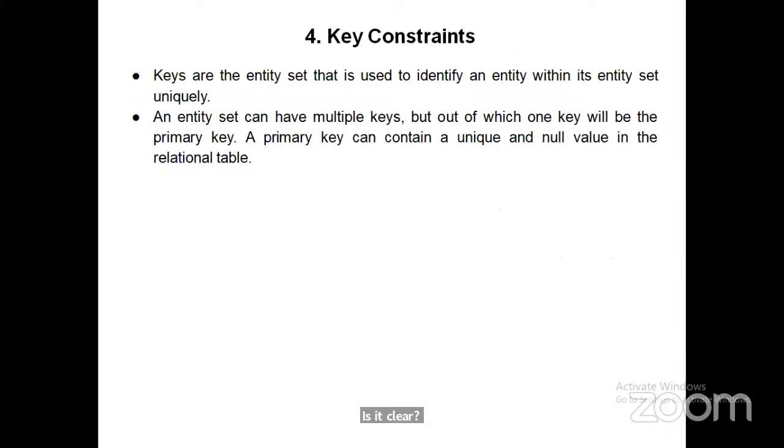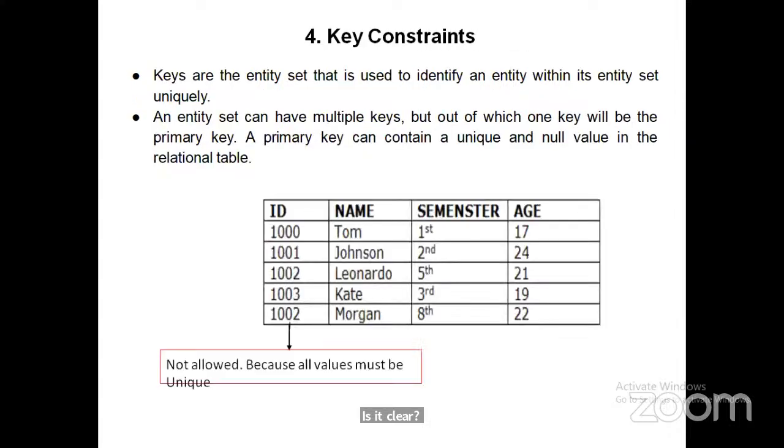Okay, next, key constraints. Key constraints are nothing but keys, the entity set that is used to identify an entity within the entity set uniquely. Here ID is there, name is there, semester is there, age is there. So what is our key here? Primary key. I kept this column as the primary key. What are our two conditions?